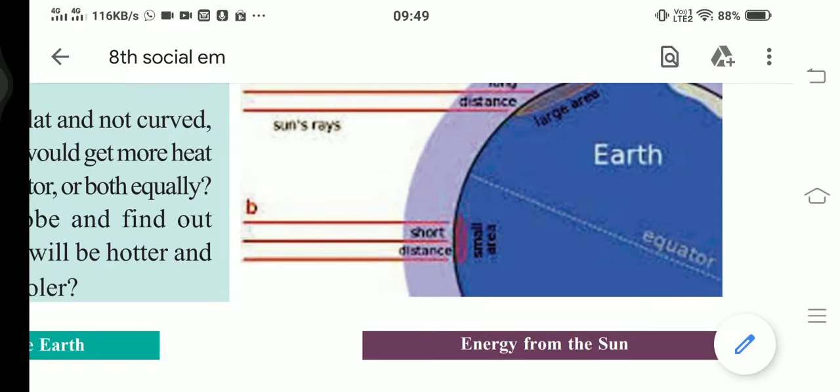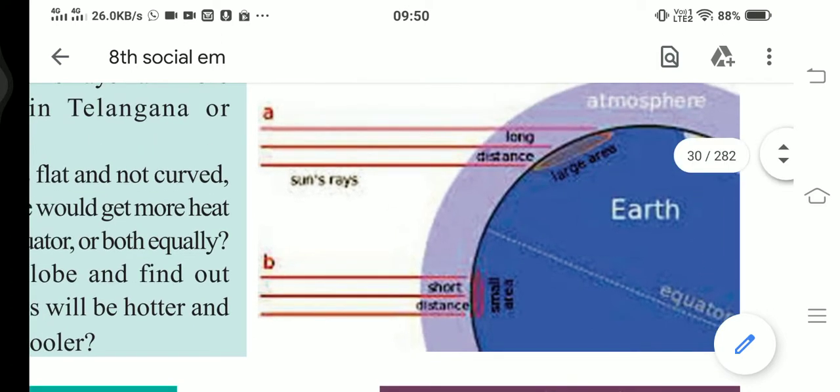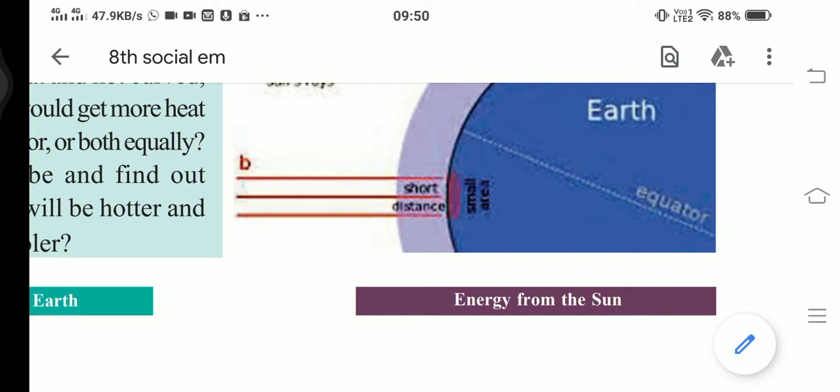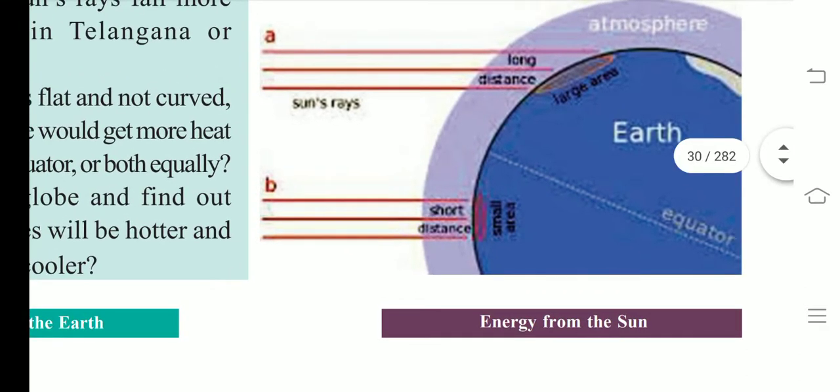Understand? This is the equator, and below here the Tropic of Capricorn is there, and in the north the Tropic of Cancer is there, right? So November is the month when we see the sun rays fall vertically in the southern hemisphere. Vertically falling here.